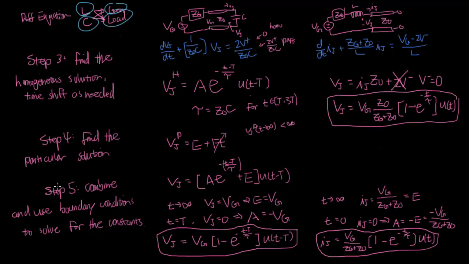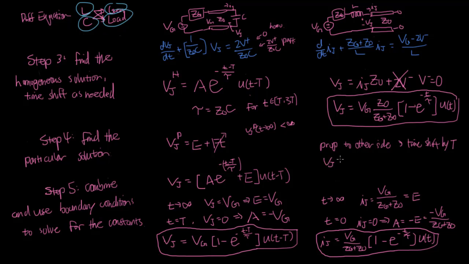Once we have these two things solved, you might have to do a little bit of cleverness and some tricks to solve for other quantities. You might want to find the voltage after propagating through the transmission line once you know what's going in. If you want to propagate to the other side, then you just have to time shift by capital T. Another thing that you might want to do is to find the reflection.